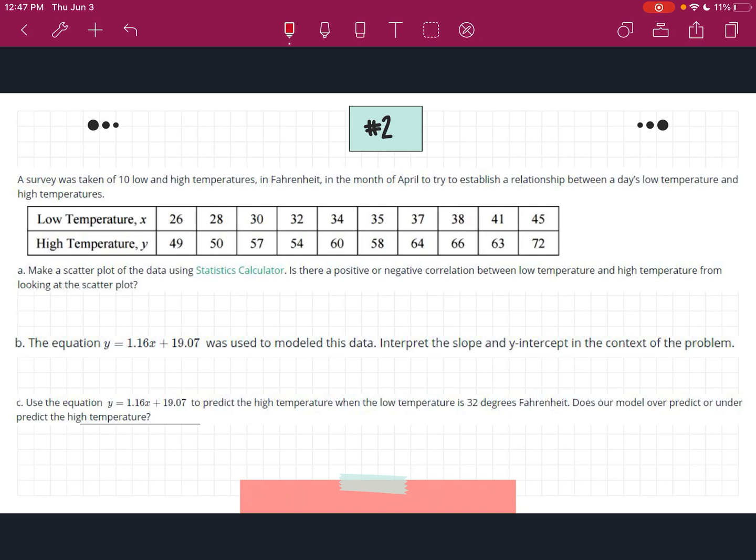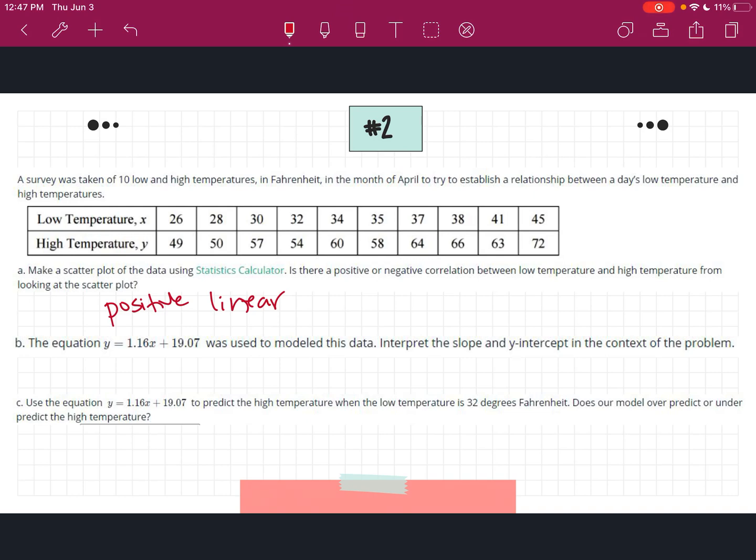So if you're at home, you can use the online scatter plot calculator from the slideshow that we did today. So when you do graph this, okay, you should get a positive linear association. Okay, the scatter plot should be going up in a line.